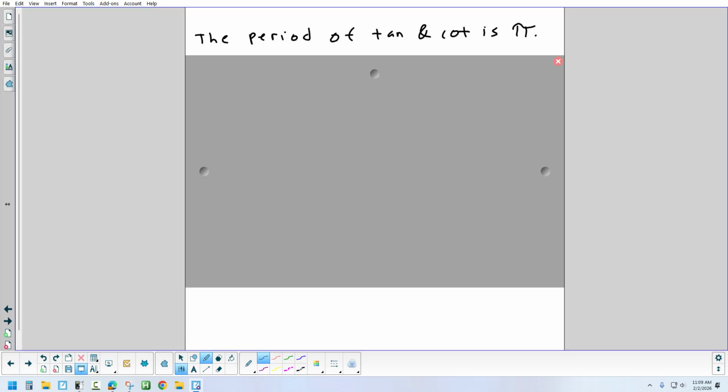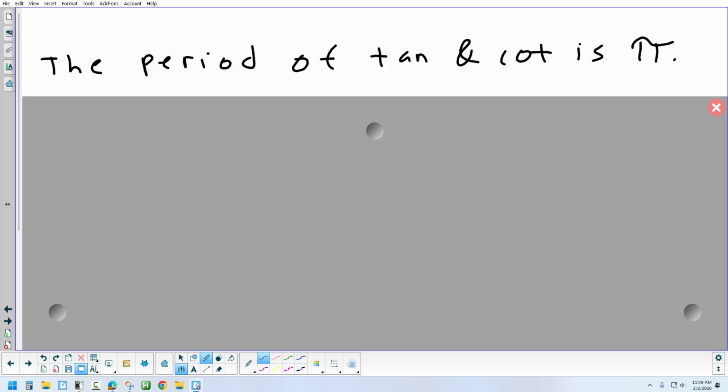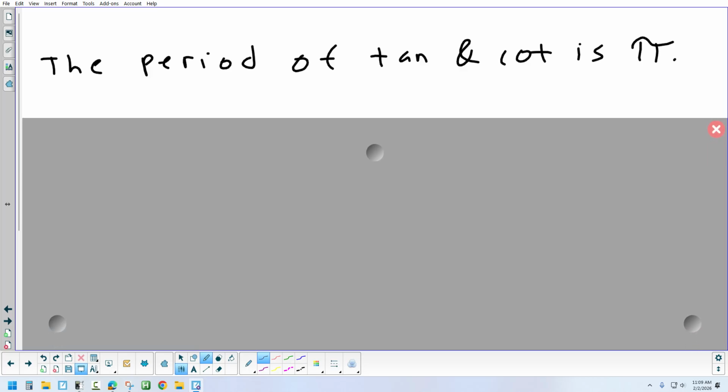That's what we just said. The period of tangent and cotangent is pi. Now you can change that. You can stretch and compress it just like sine and cosine. But what I'm saying is if you don't do anything to it, naturally, it's pi. What's pi in degrees? 180. Yep.